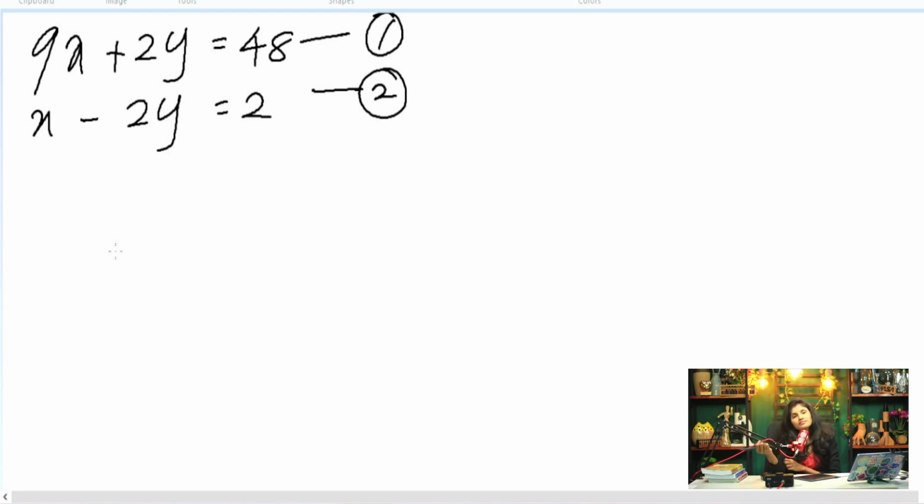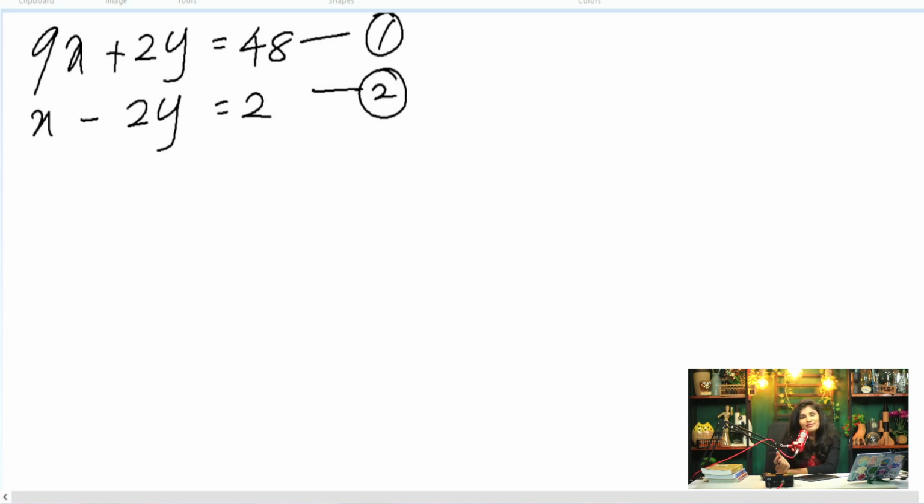No? Okay. So in the previous 3 questions which we discussed, the same number was in the same mark. That means both of them were positive or both of them were negative. So in this question, what we have is different marks. So what we are going to do is add equations 1 and 2.